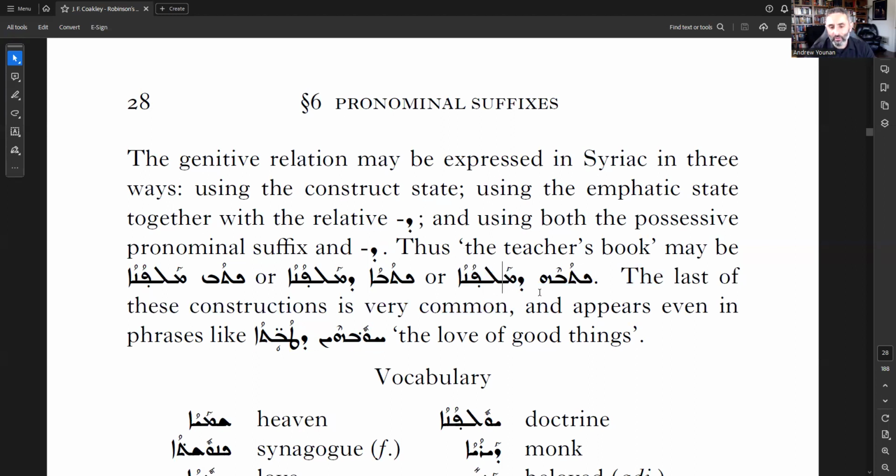You can just say the book of the teacher. This is just really stressing that the book belongs to the teacher. Hobhen tawatha, their love of good things. It's not somebody else's love. No, it's the love of these good things. So it's really stressing, not some other love of some other thing. So this is a little bit more emphatic, but it is quite common as he says.